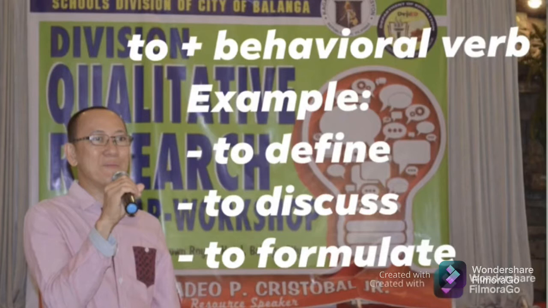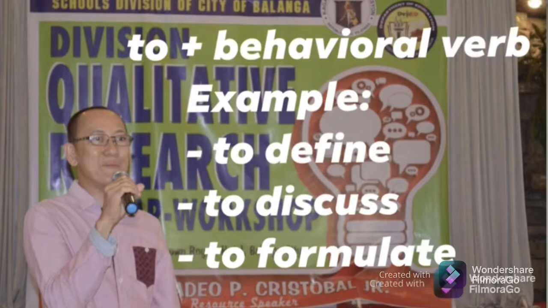A big no-no are general verbs such as know, understand, learn. Those are no-no verbs to be used as behavioral verbs. Now, the behavioral verbs which were presented in our videos about the affective domain and the cognitive domain, there are some verbs that can be used for the psychomotor domain, but you have to remember these behavioral verbs with respect to each taxonomy.